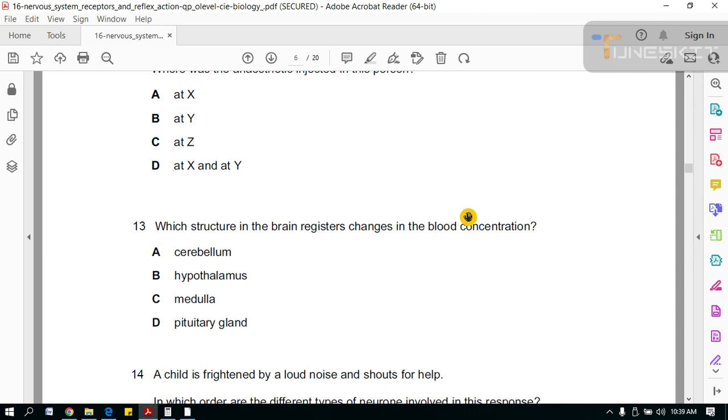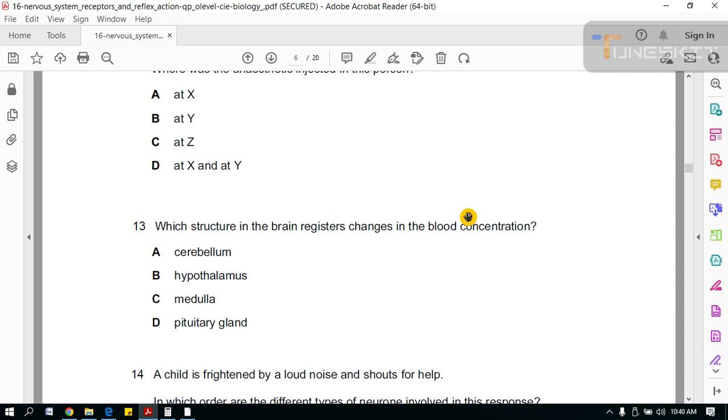So which one is the structure involved in registering the changes in the blood concentration? We have to find out the part of the brain which is involved in detecting the change in concentration. Okay, so which one?